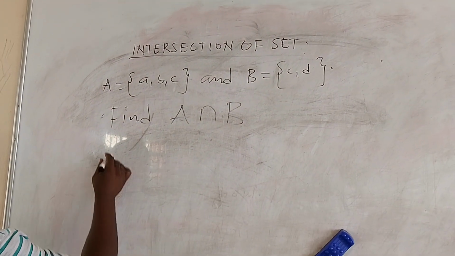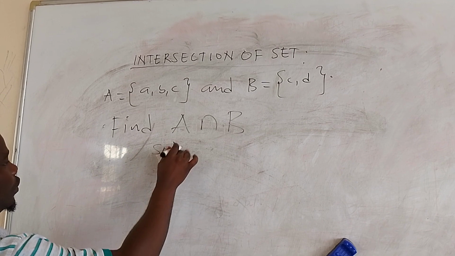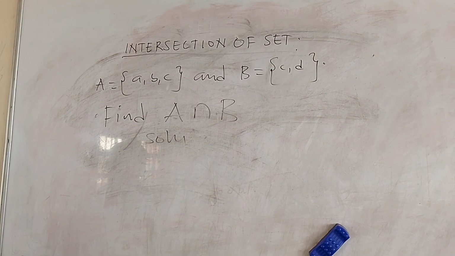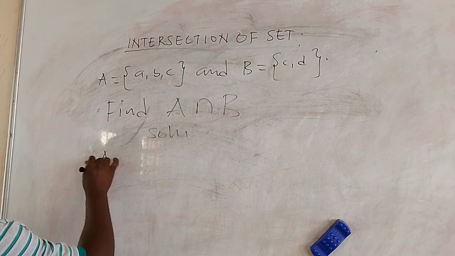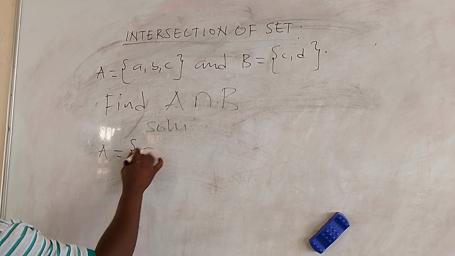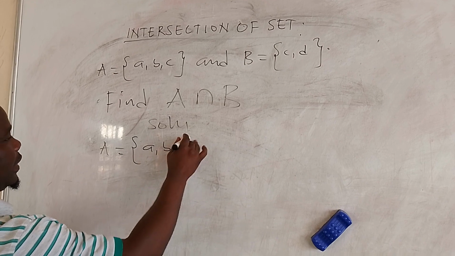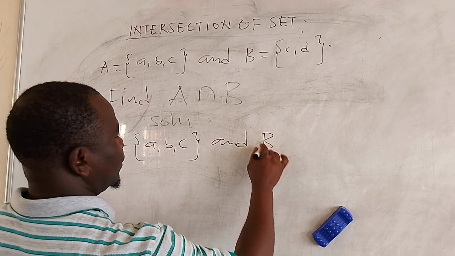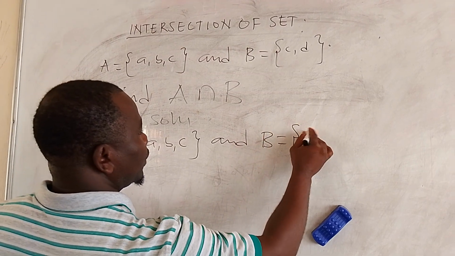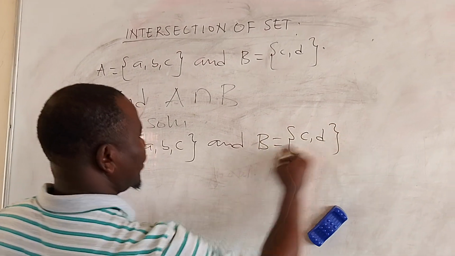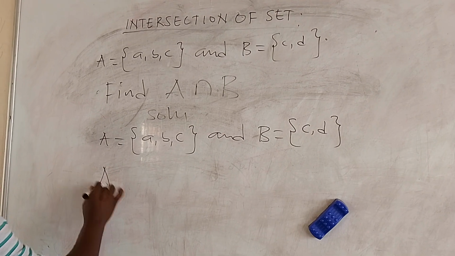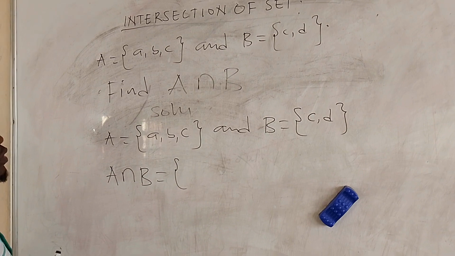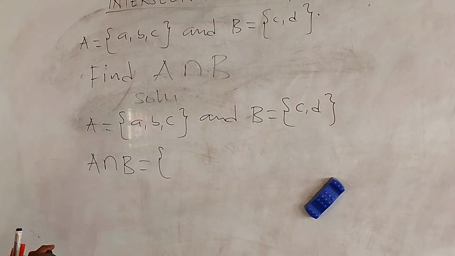So let's write the solution. Our set A is given as {A, B, C}. And set B is given as {C, D}. So A intersect B will now be equals to, look at the two sets.